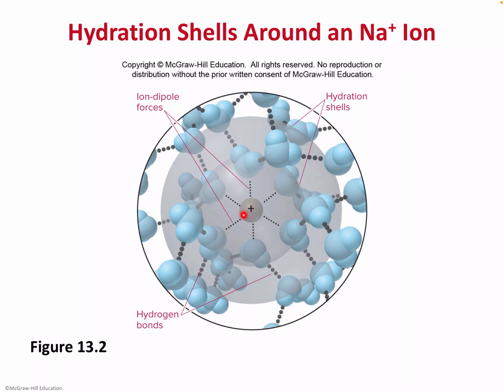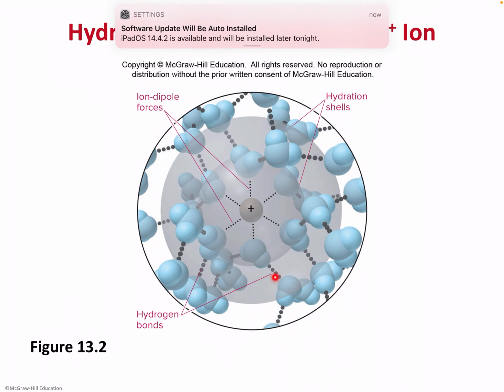Ion is the sodium, the dipole comes from the water molecule, and this is the oxygen. The big one is the oxygen, the two small ones are the hydrogens. So these are the ion-dipole interactions, and all of these water molecules are also connected to each other through hydrogen bonds. So surrounding the sodium there is a hydration shell.